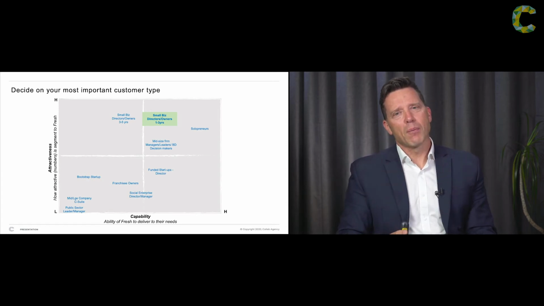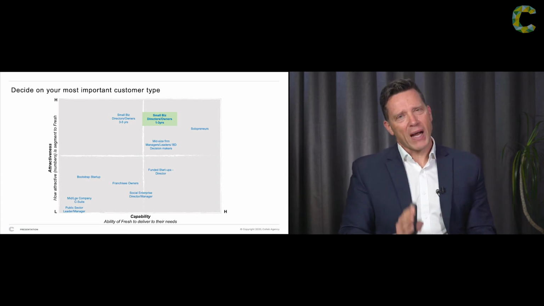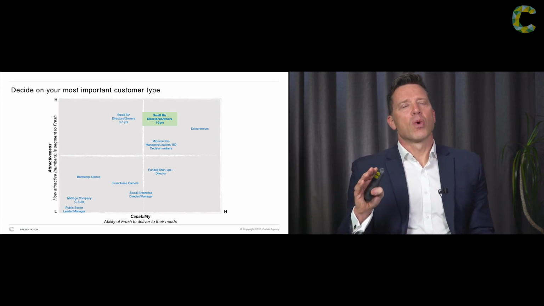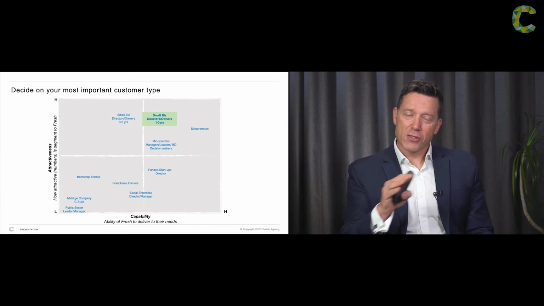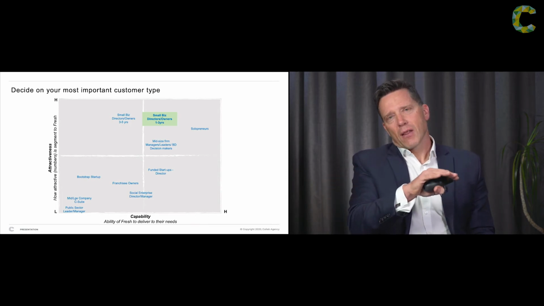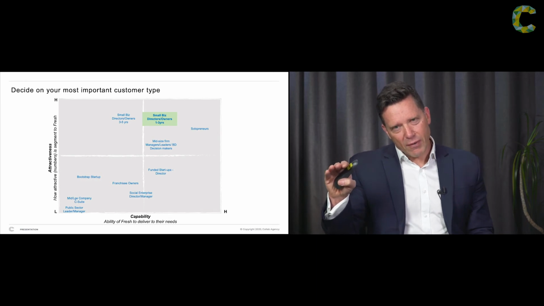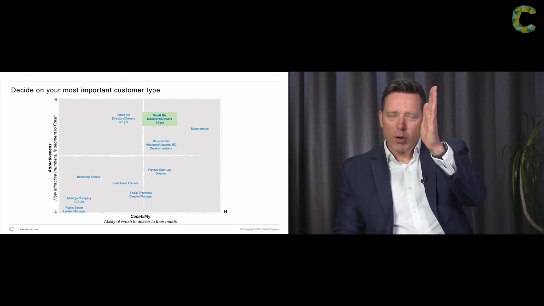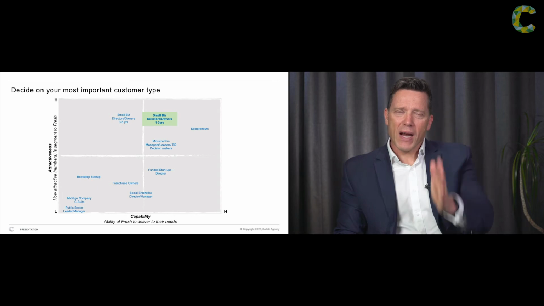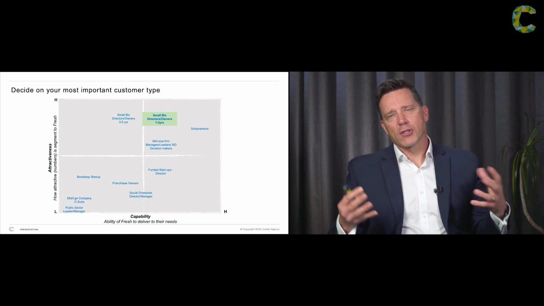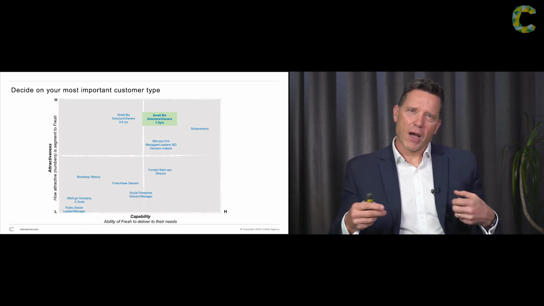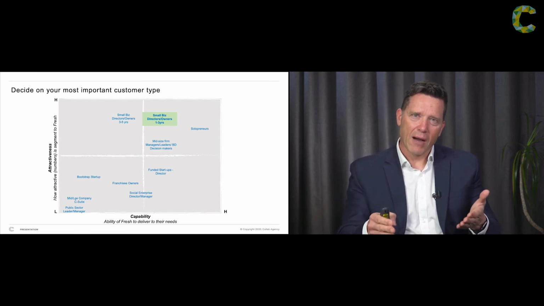So on that Y axis, we've got how attractive is that audience to Fresh? And on the X axis, we've got the capability of Fresh to deliver that. So obviously, the higher the capability to deliver and the more numerous they are, the more attractive they are, they're going to fit in that top right-hand quadrant. And that's a way of sorting out the wheat from the chaff, if you like, of the audiences that you're going to be going after.